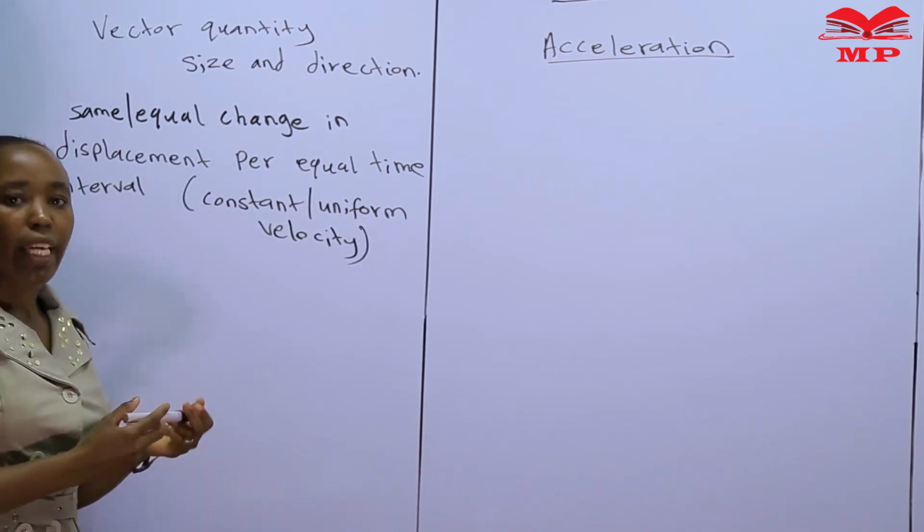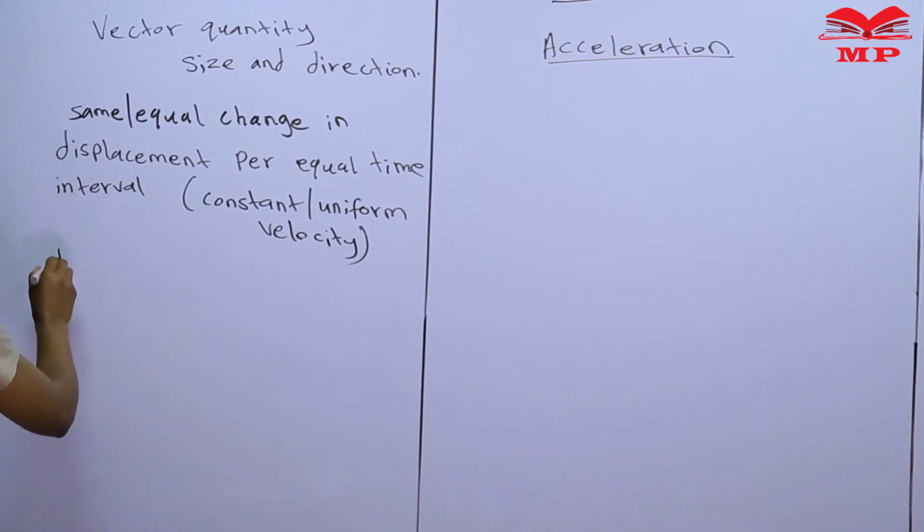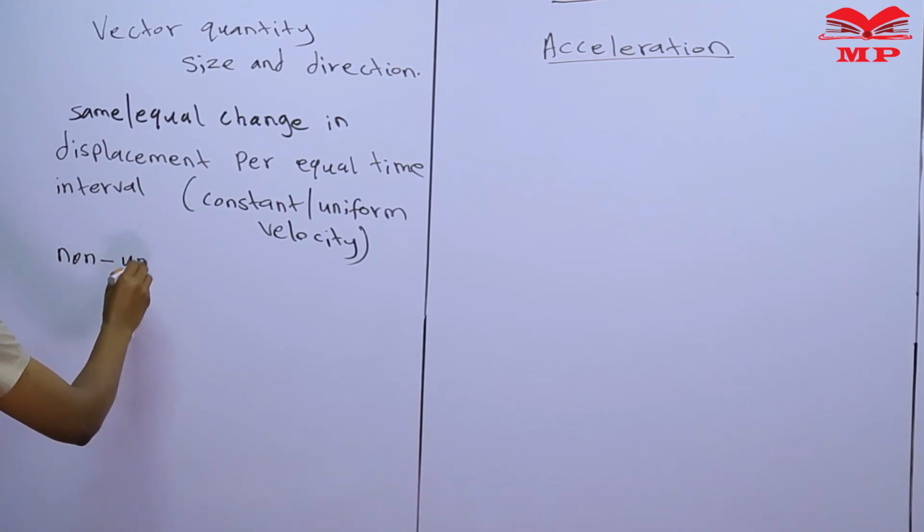If that is not the case, then we say that the body is moving at non-uniform velocity.